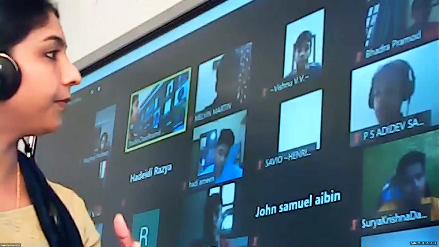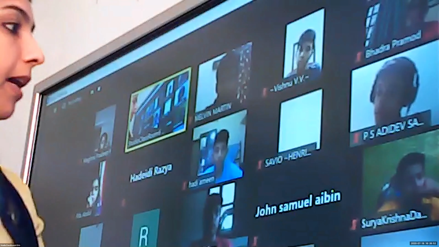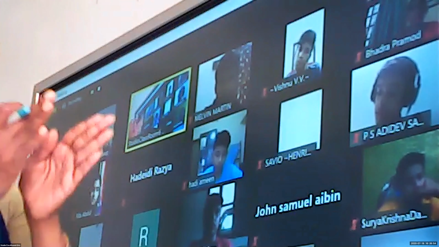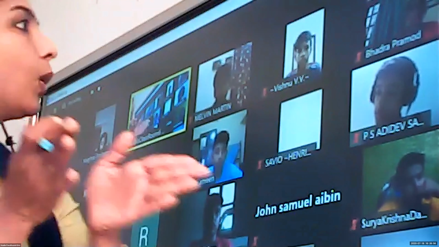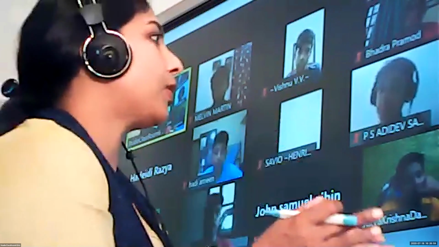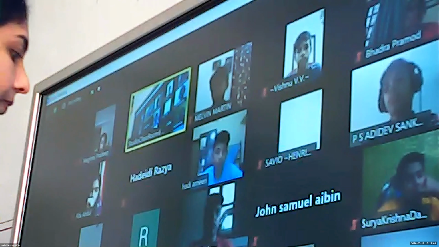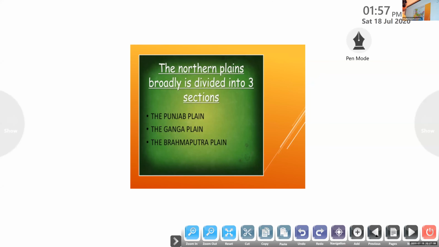These are the 5 tributaries of river Indus. River Indus and its tributaries form Punjab plains. Then Punjab plain is dominated by doabs, land between 2 rivers known as doab. I hope you understood the meaning of the sentence, right? Yes, ma'am. Between these 5 rivers, you can see land, plain areas, right?